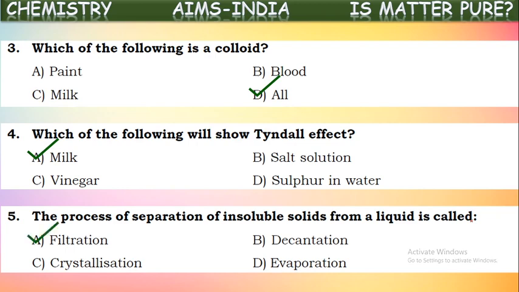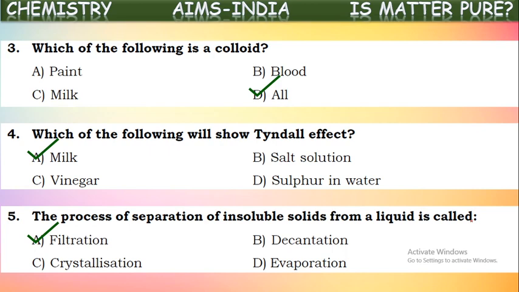If the solid is insoluble in liquid, then if we pass this mixture through a filter paper by using a funnel, the liquid will come down and will be collected in the other container in the form of filtrate. That insoluble solid substance will remain in the filter paper, which we call the residue. In that way, insoluble solid substance can be separated from the liquid by using the filtration process.